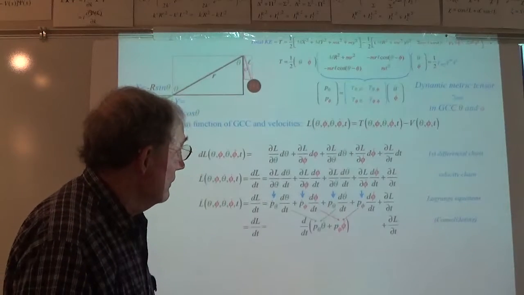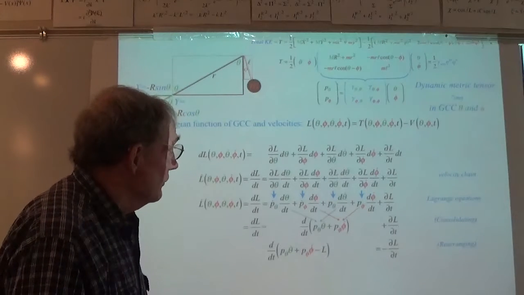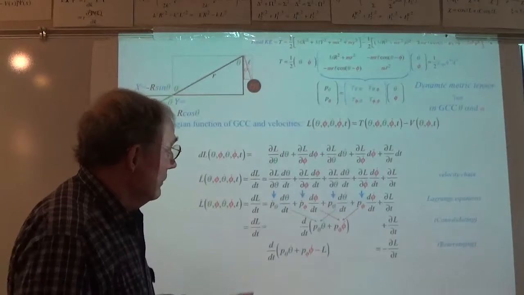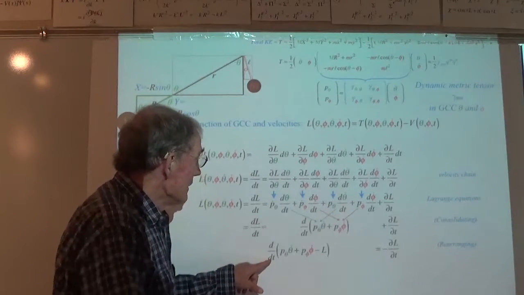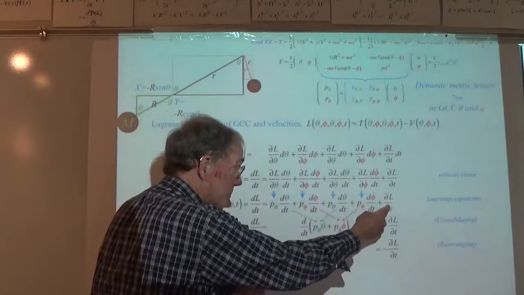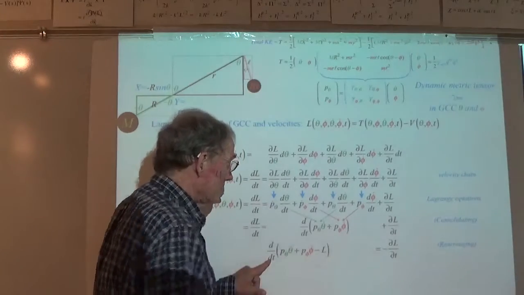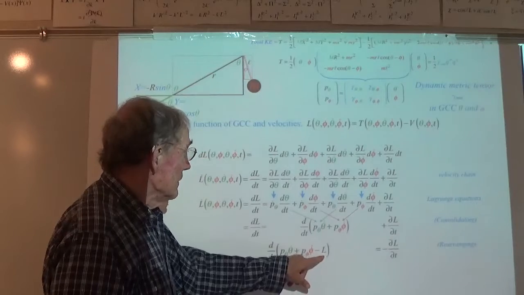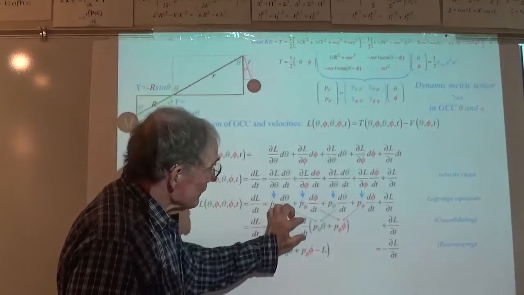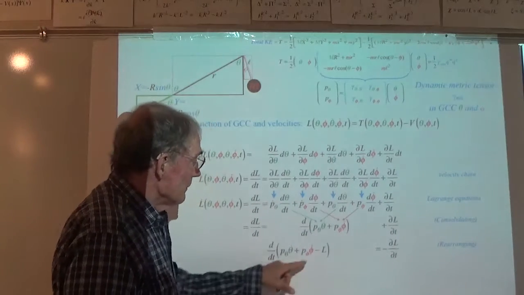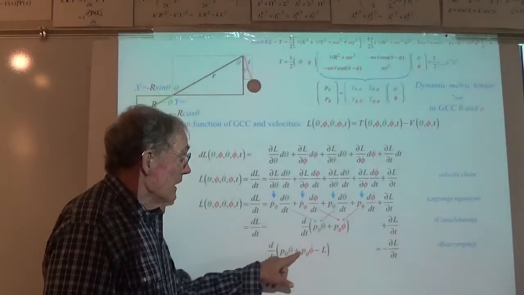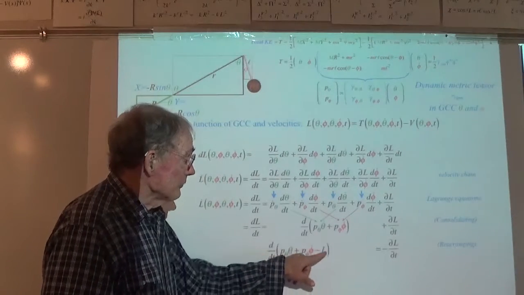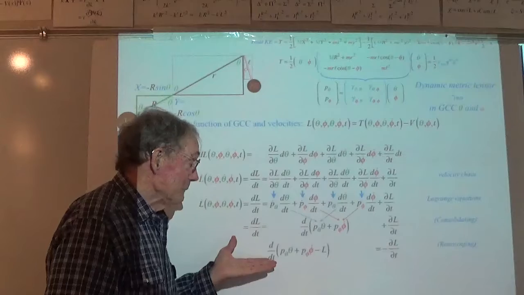You now have, just by rearranging this a little bit, an equation that takes this partial derivative and puts it on the other side of the equation, leaving this thing and the L. Bring that inside the derivative here, now with a minus sign, and you recognize Poincare's expression for the Hamiltonian.